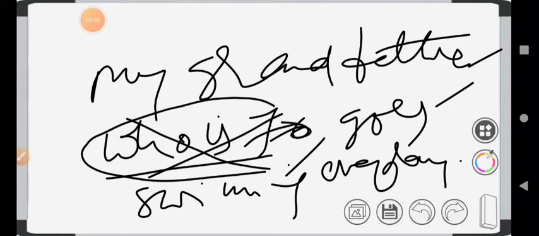It has a subject and predicate: who, a relative pronoun, is the subject, and 70 years old is a complement. It gives incomplete meaning. It is also a subordinate clause, and it is also an adjective clause. Why? Because it tells something about my grandfather, which is a noun phrase here.